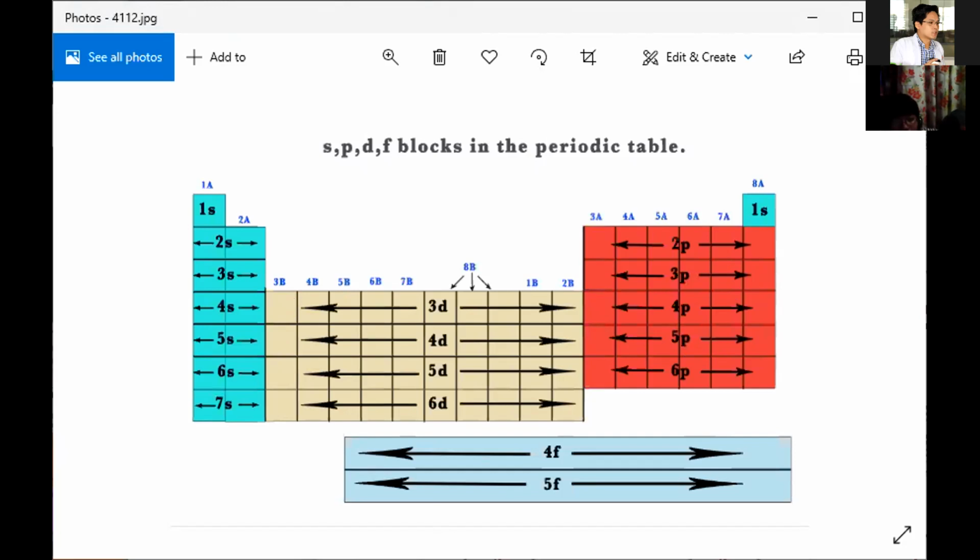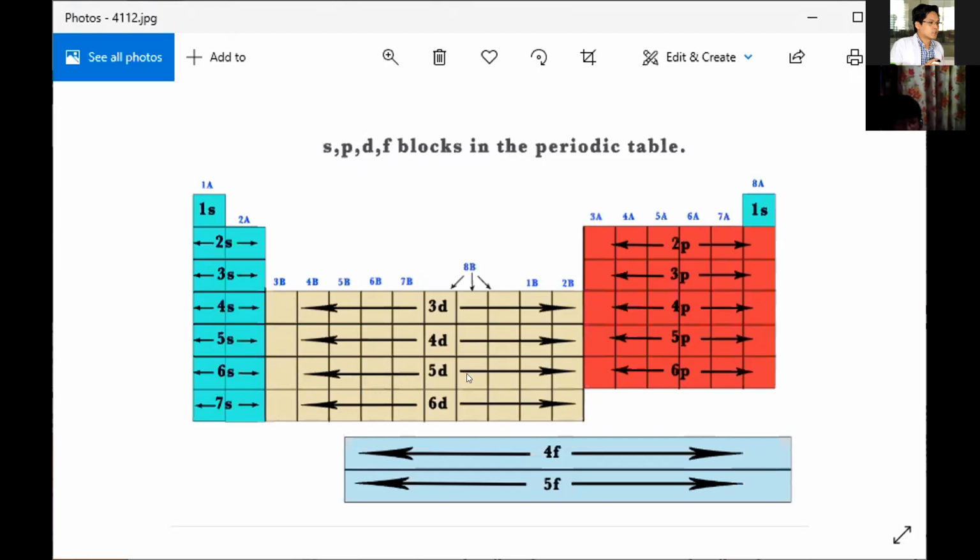Your periodic table is divided into two major types of elements. We have the representative elements, and the second one, in the center, is the transitional or transition elements.